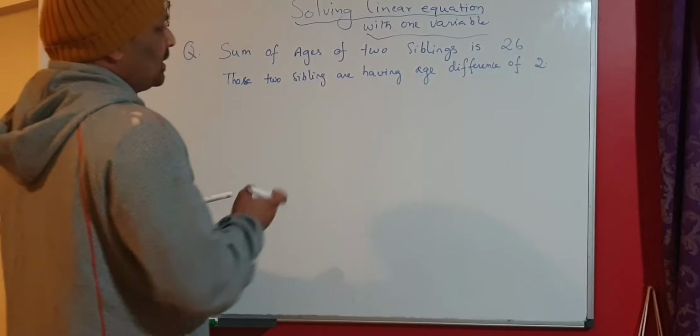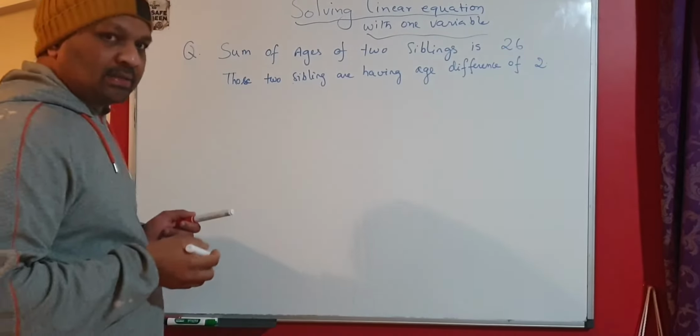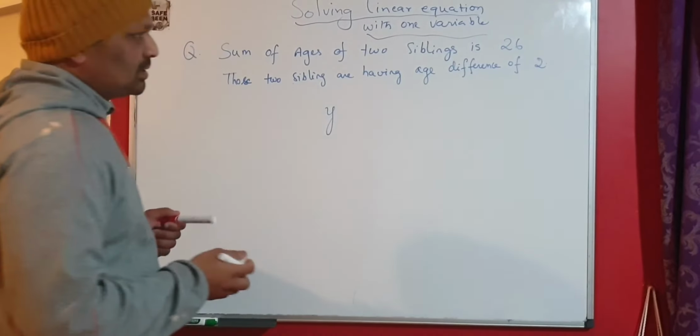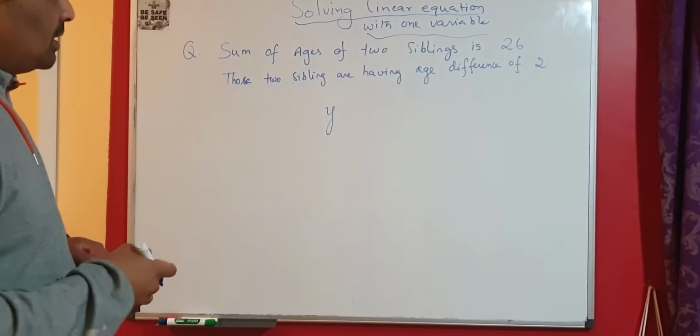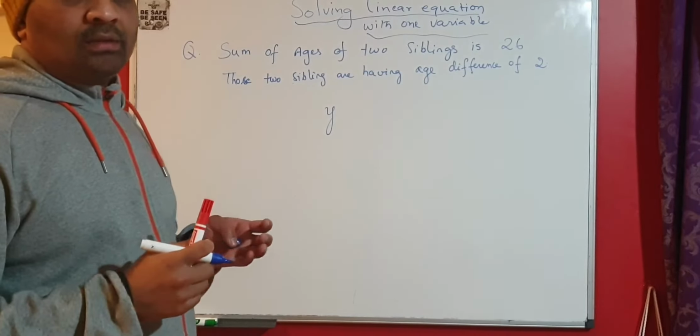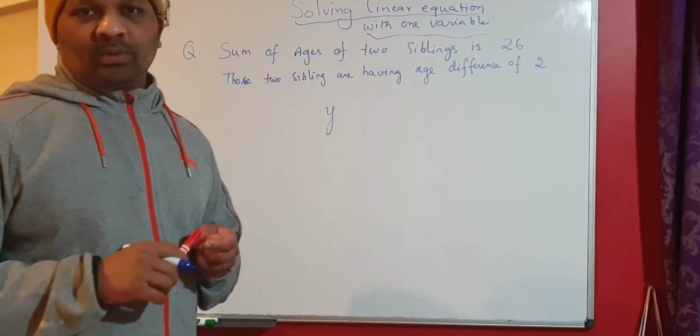Say for example, you can take the age of the younger sibling as x, or you can take a y. All this time we are using only x as an unknown quantity. Not only x, you can also use y to represent something that is not known to us.